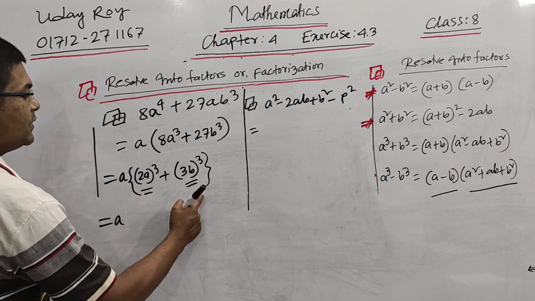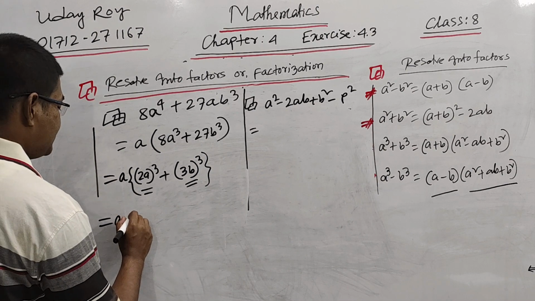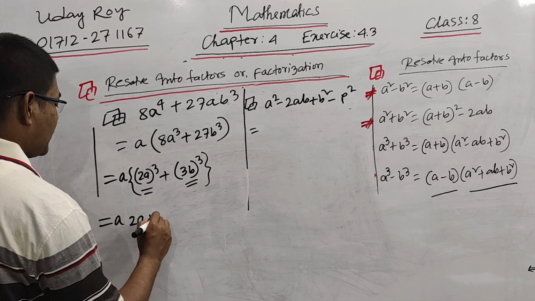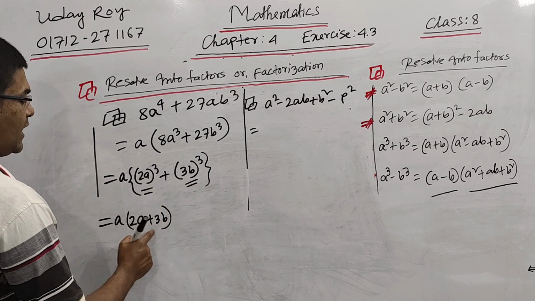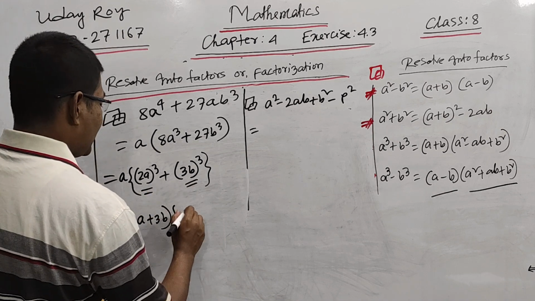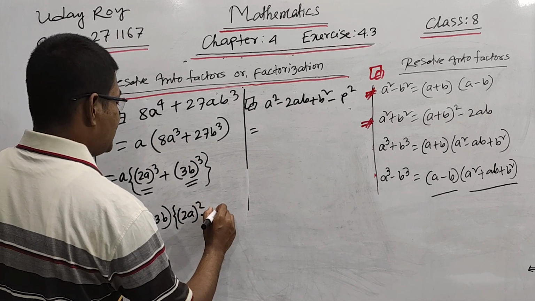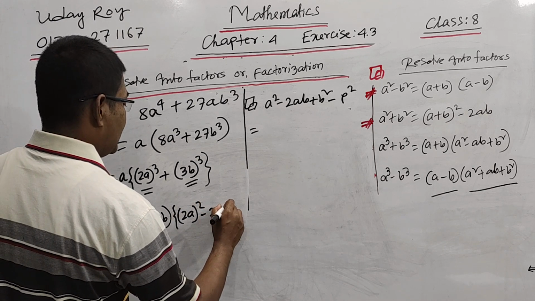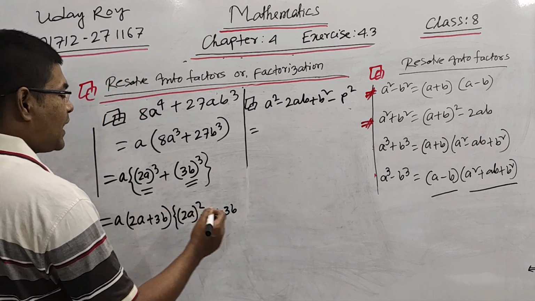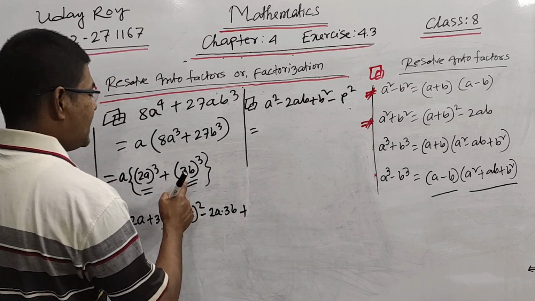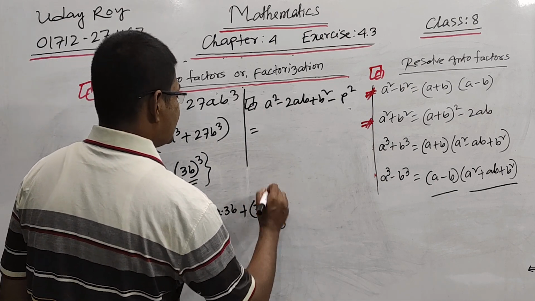Now this is a cube, this is b cube, so this is a and this is b. a plus b into a square minus ab plus b square. Here the first term is 2a and here is 3b, so this is b square.